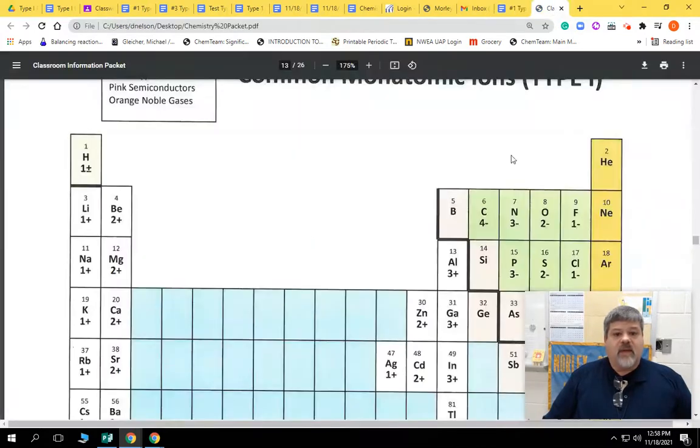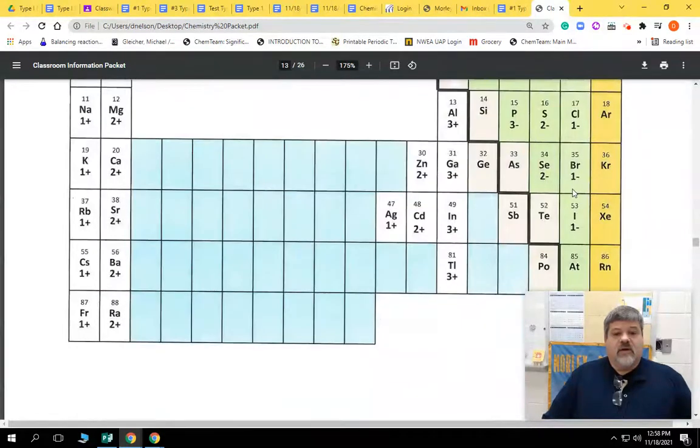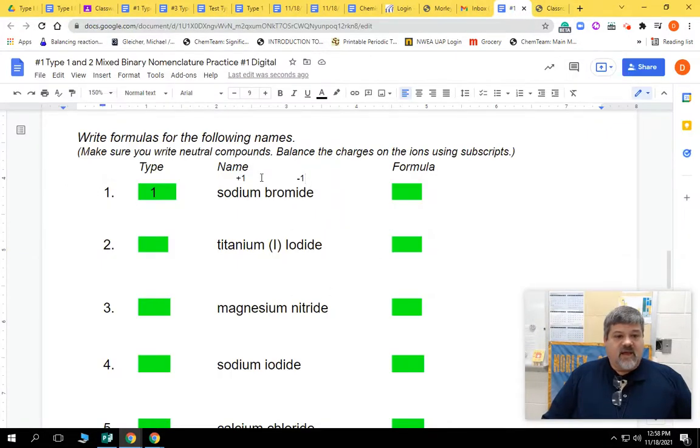Again, we go back to our packet and see that sodium is a +1 right here, and if I go down here to bromine, bromine is a -1. Since they already cancel each other out, we do not need to crisscross. We only need 1 of each one, so we just put NaBr.